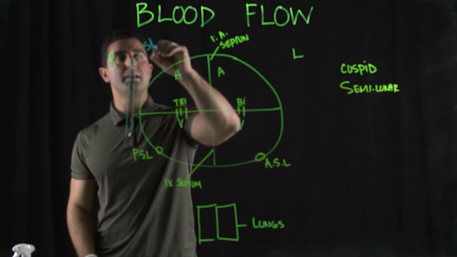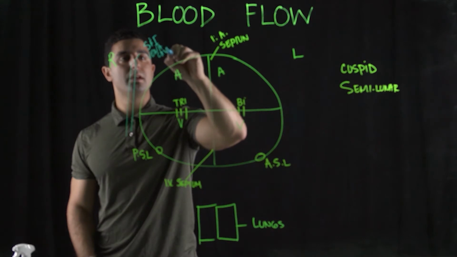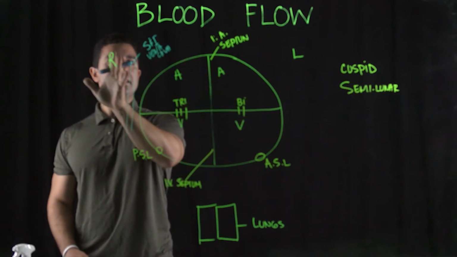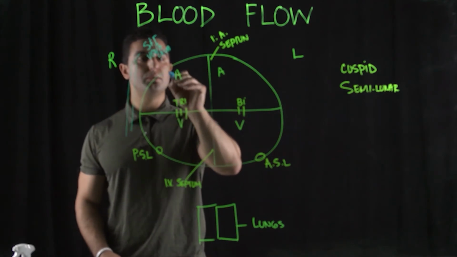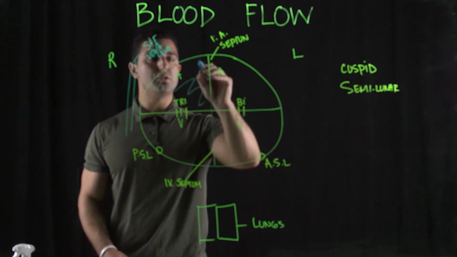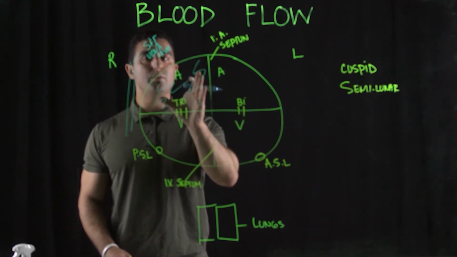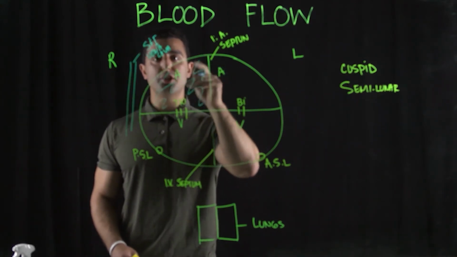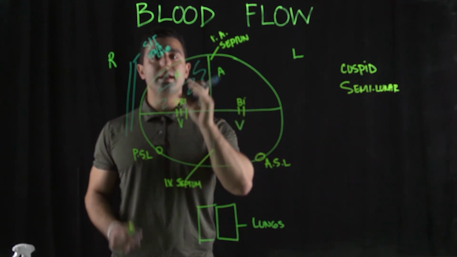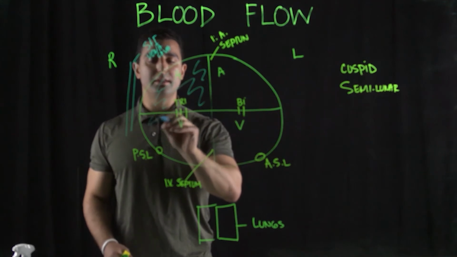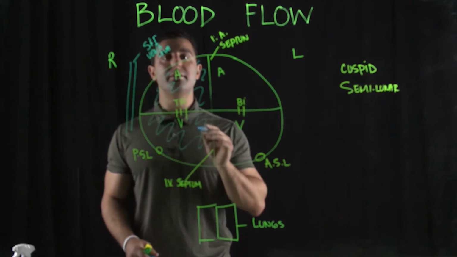You have a superior and inferior vena cava, and it brings deoxygenated blood into the right atrium. Deoxygenated blood comes into this right atrium and puts pressure on the tricuspid valve, and that pressure allows it to open, and so the blood spills over into the right ventricle.